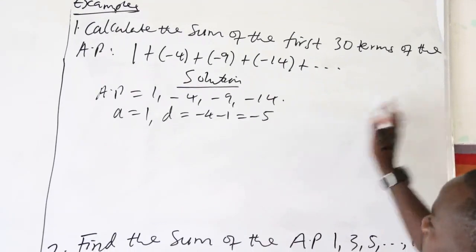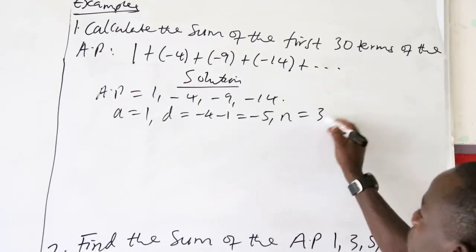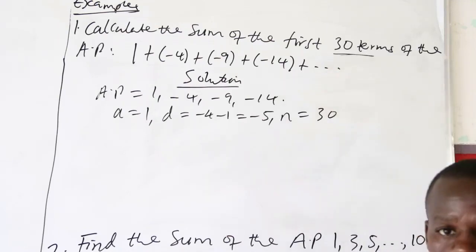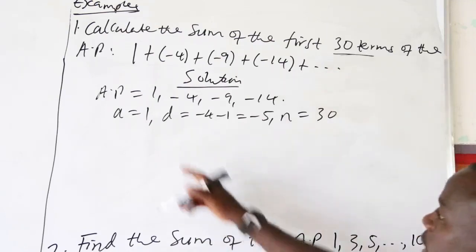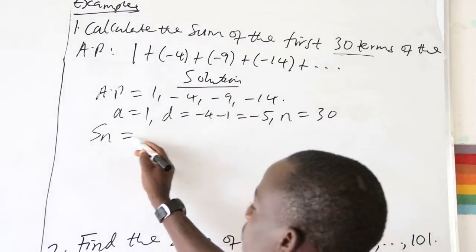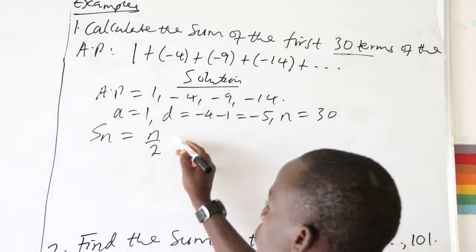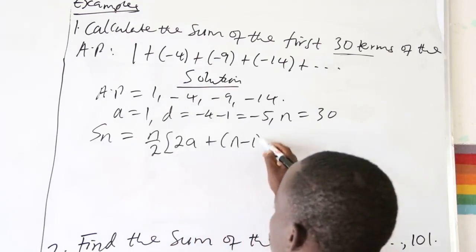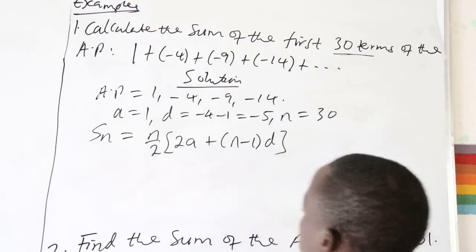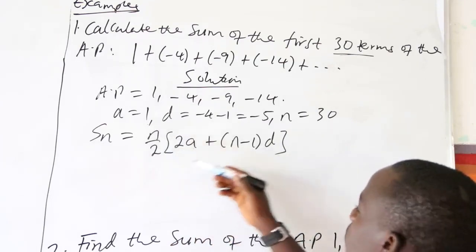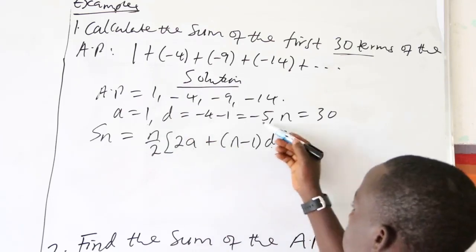But we have our n, and n in this case is going to be 30, since they say we should find the sum of the first 30 terms. So we have a, we have d, we have n. That means we are going to use the formula Sn equals n all over 2 into (2a plus (n minus 1)d). n is 30, a is 1, d is minus 5.